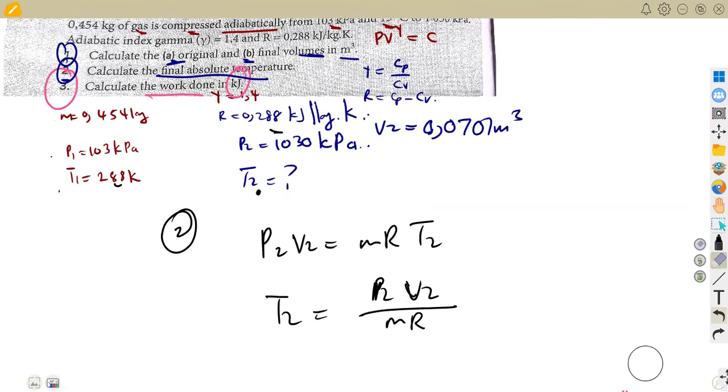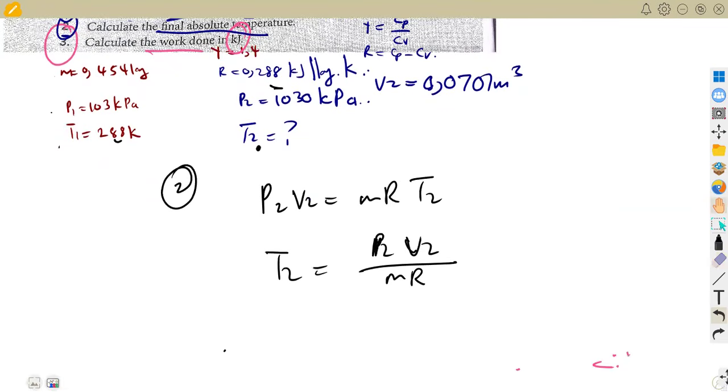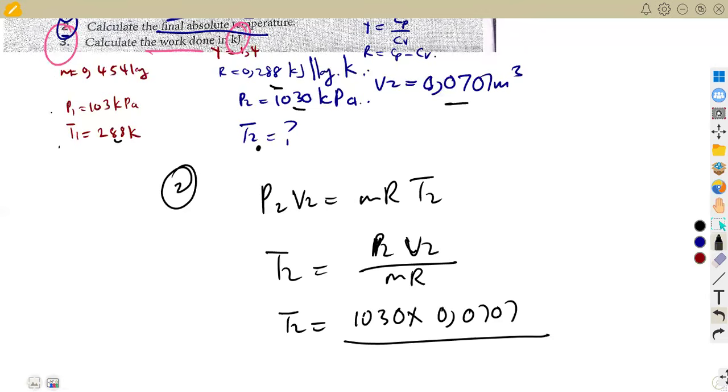T2 is equal to P2, that's 1030, times V2, the one that we calculated, everything over the mass times our R for air, which is 0.288.